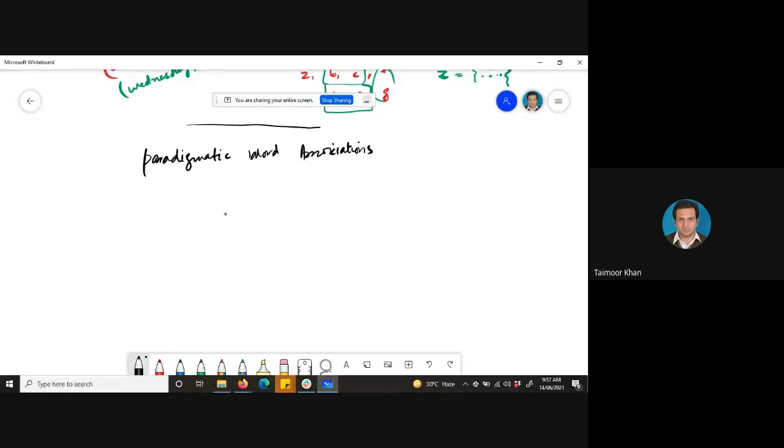Having information about such associations is helpful in different applications.